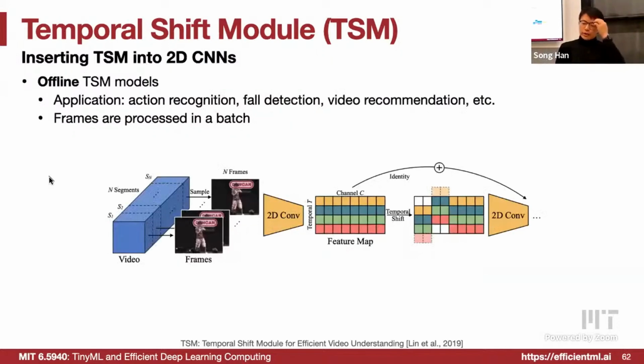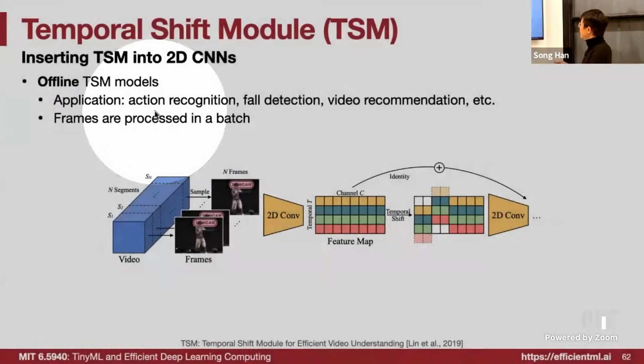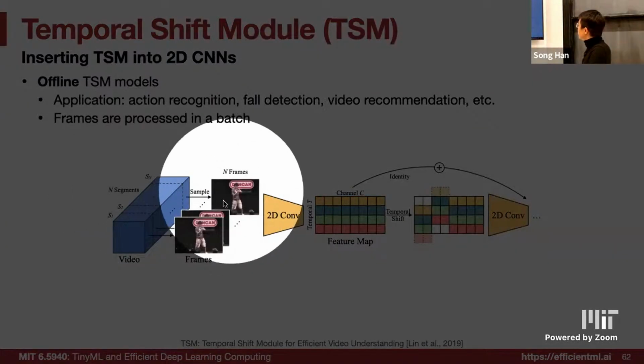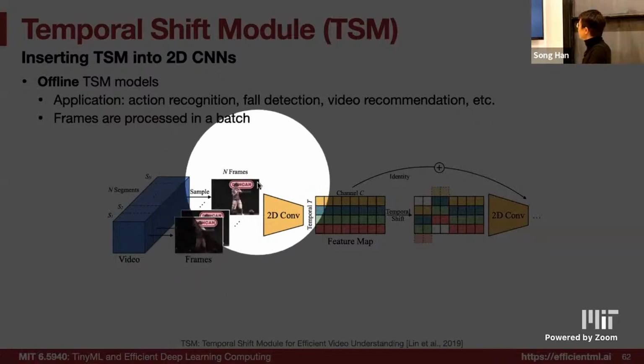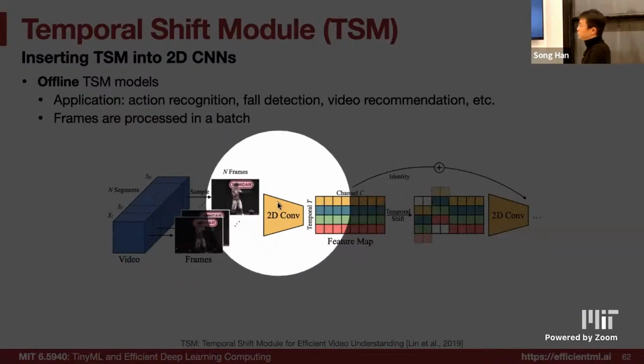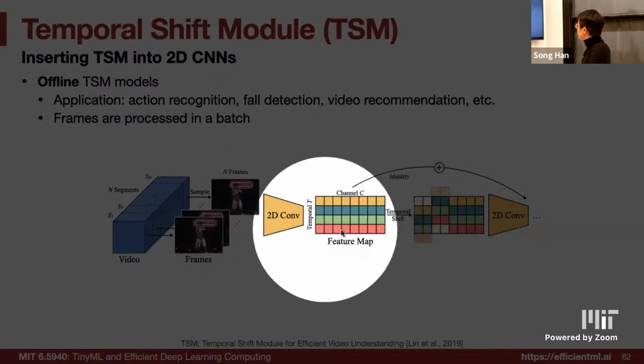So let's see, how do we insert this temporal shift module into 2D CNNs? Start with the offline TSM models, for example, action recognition, fault detection, video recommendation, etc., where the frames are processed in a batch. So this is a video frame. This is different frames. They can be processed according to just the normal 2D convolution, and then you get different timestamps.